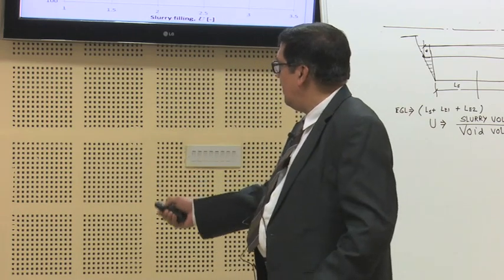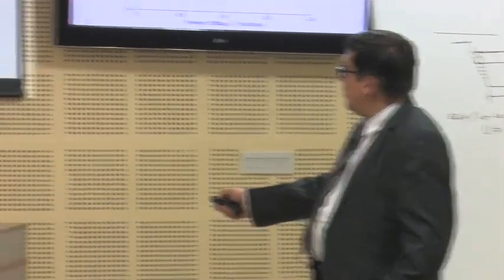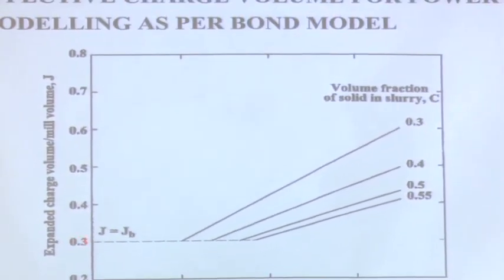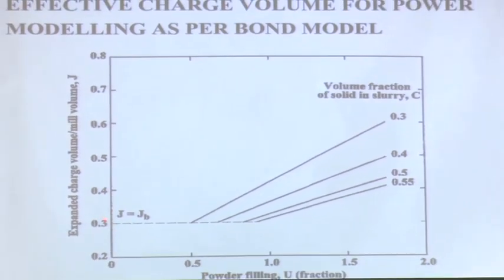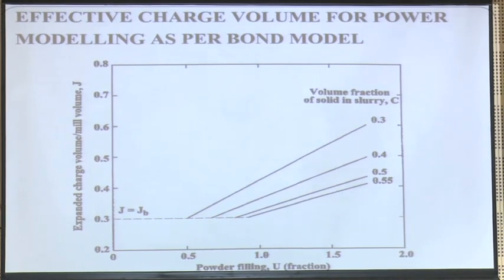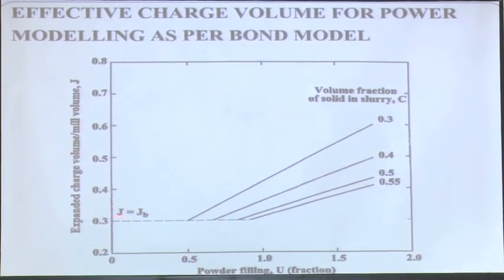You see here, expanded charge volume. Normally you see here that 0.3, 30% is the normal benchmark, 30% actual volume.